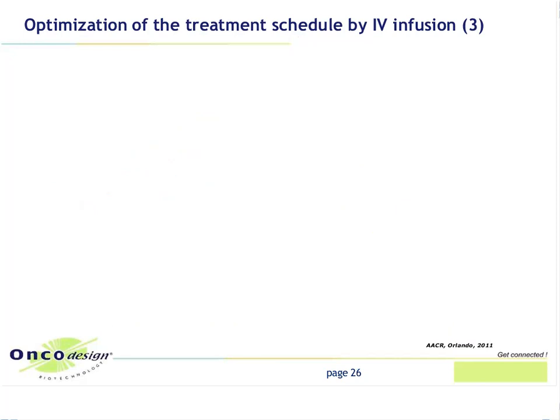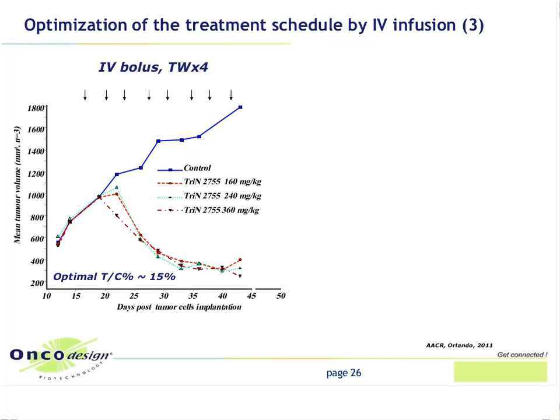And by IV bolus, we observed here the tumor volume over the time. In blue, the control grew quite nicely during about 1 month, and we observe a complete regression of tumors from all groups treated between 160 to 360. We observed a marked tumor regression for all doses.